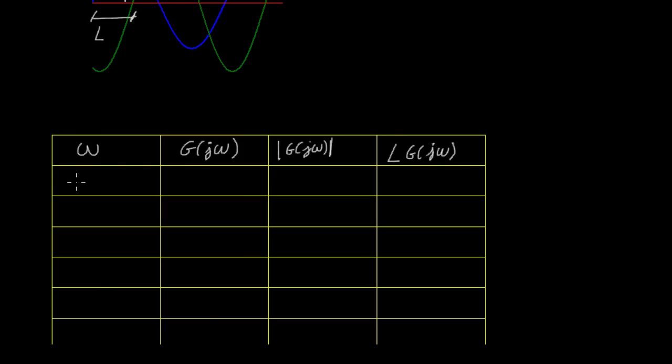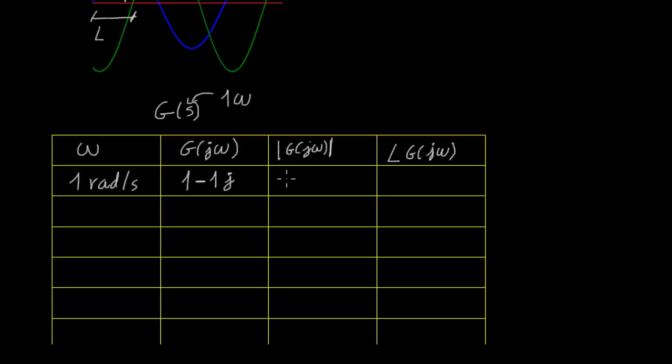So, for example, imagine that we are analyzing the response to a sinusoid of 1 radian per second. We just have to take G(s) and replace s by 1j. Now imagine that what we get is the complex number 1 minus 1j.